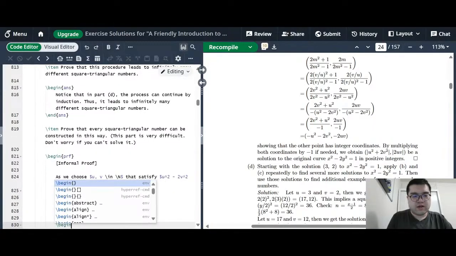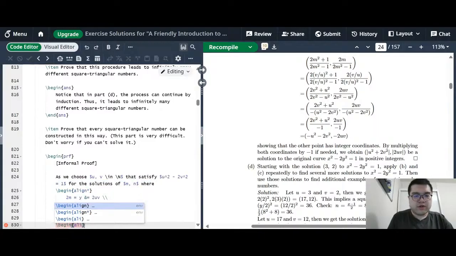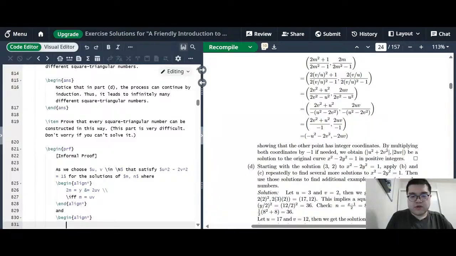And now we have 2m plus 1. Oops, no. Hold on. 2m plus 1 is equal to x, which is again equal to, no, sorry, u squared plus 2v squared.